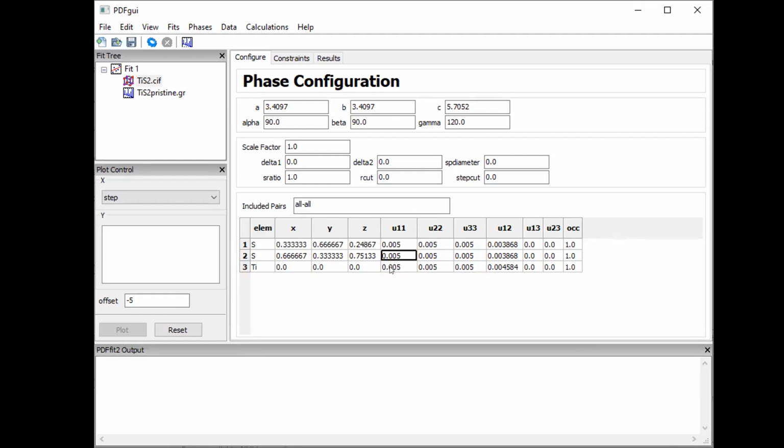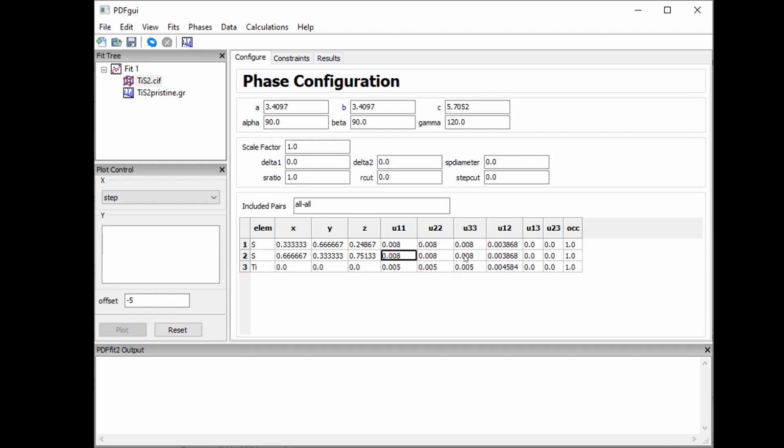But surely we usually set those values based on their sites. So this site is titanium. It's a transition metal, so typically you may have a UISO value around 0.05. So this is a good number to start with. For sulfur, it's a lighter element, so the value might be slightly higher.